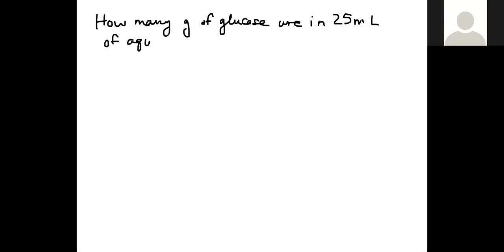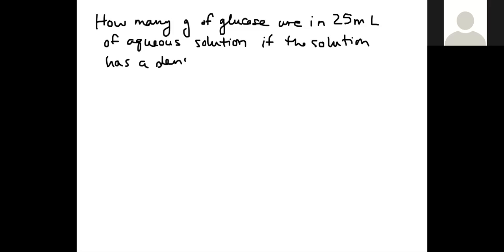How many grams of glucose are in 25 mils of aqueous solution if the solution has a density of 1.09 grams per mil and is 19.6% glucose?